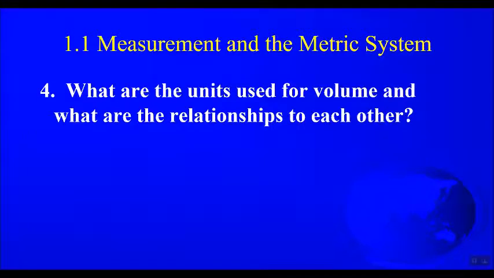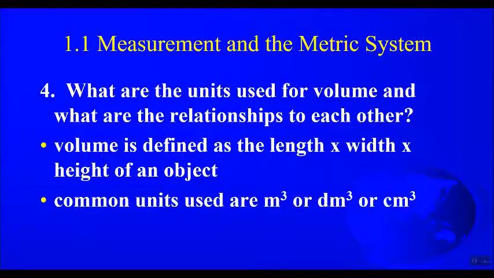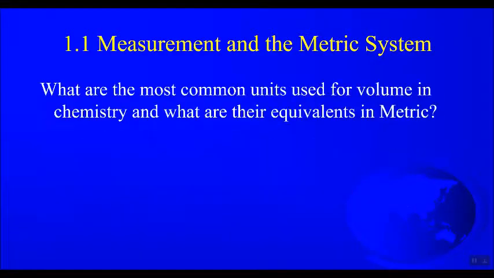What are the units used for volume and what are the relationships to each other? Okay, this one you really need to focus in on. It is found on the top right corner of the back side of your periodic table. Okay, so you don't have to memorize it, but I would encourage you to do so. Volume is defined as length times width times height. We've already talked about that. The common units, these are the standard units: cubic meter, cubic decimeter, and cubic centimeters.